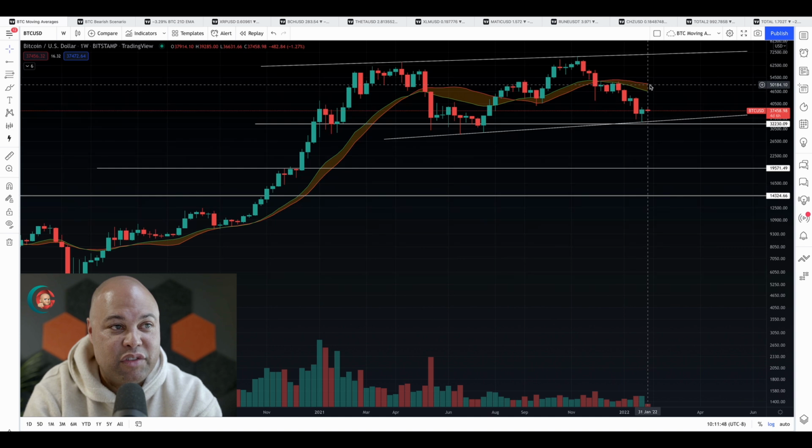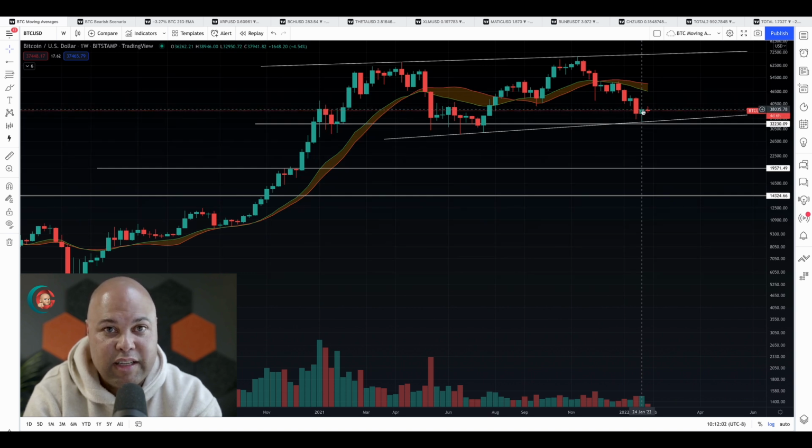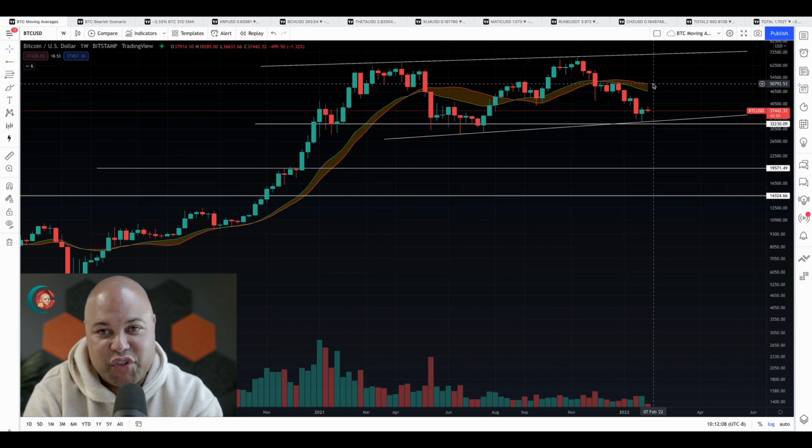That number is $50,996.97. So if you took the last 20 candles, added up the close of each of those candles, the price at the close, divided by 20, you would get the 20-week simple moving average.